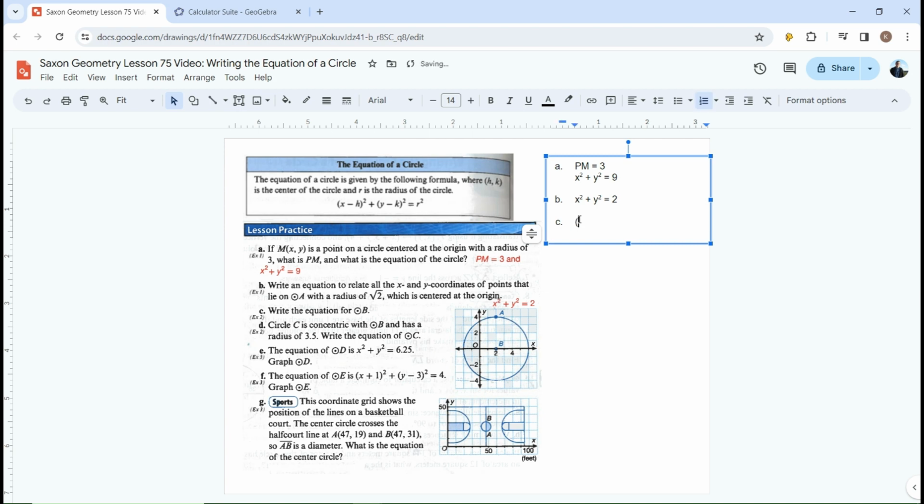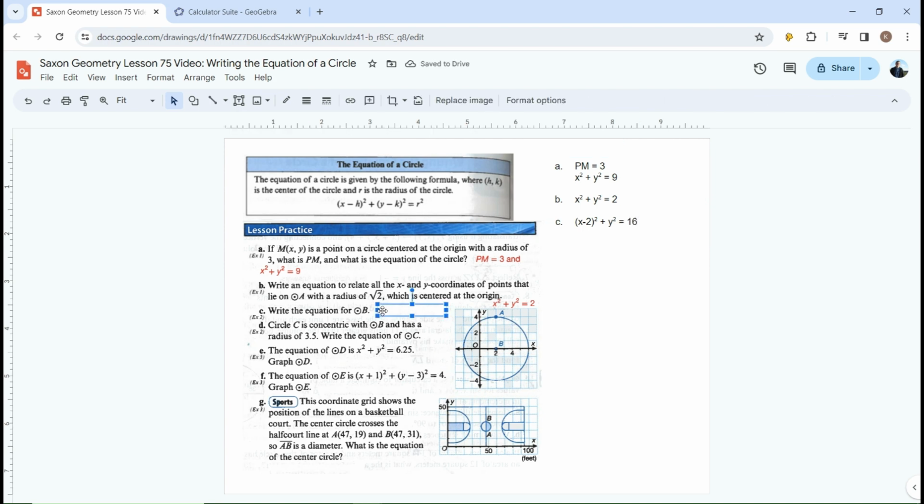This is going to be x minus 2, which shifts it to the right 2, squared, plus y squared. I don't have to shift the y coordinate at all because it doesn't go up or down, equals, and let's see, the radius of this is 1, 2, 3, 4. So this is going to be the radius squared, 16.